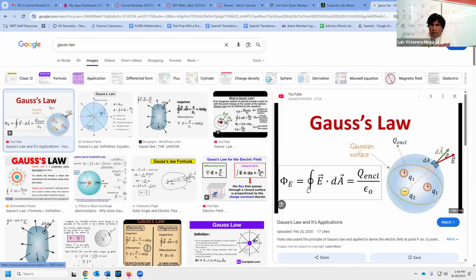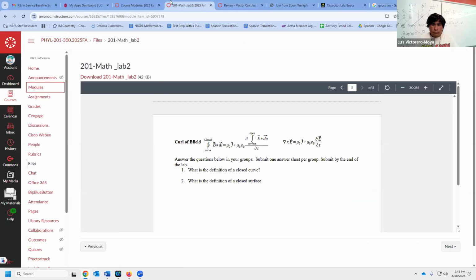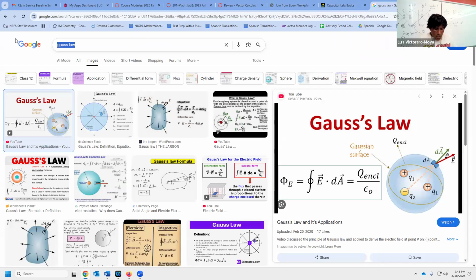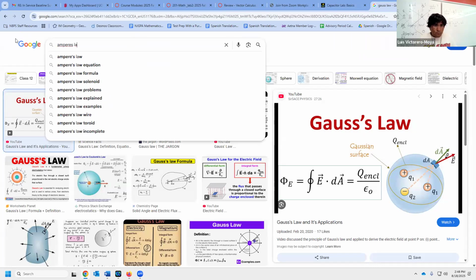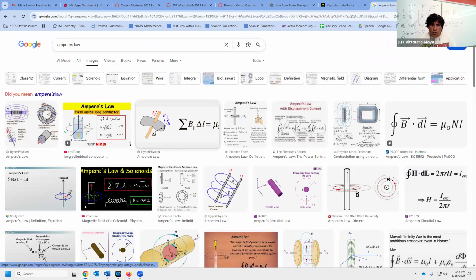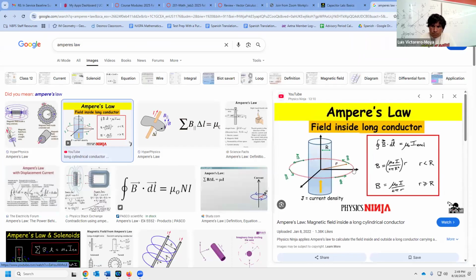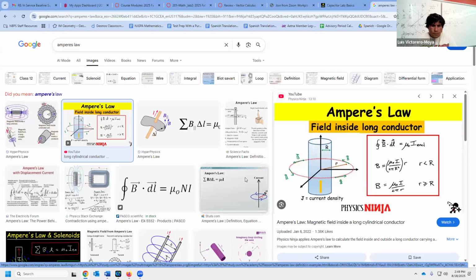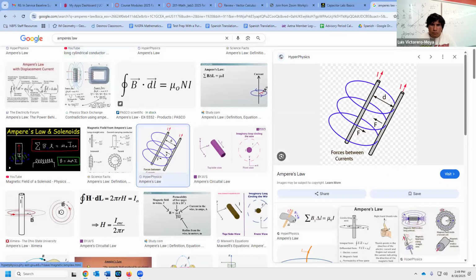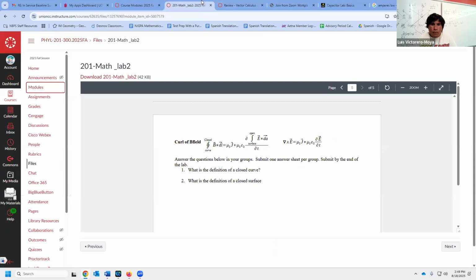We call it a Gaussian surface. Closed curve is basically your closed path. That's Ampere's law. Ampere's law uses a closed curve. This is a path of the magnetic field. You will learn that also in this course. That's not difficult.